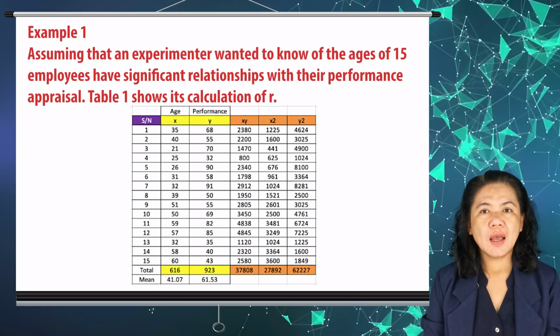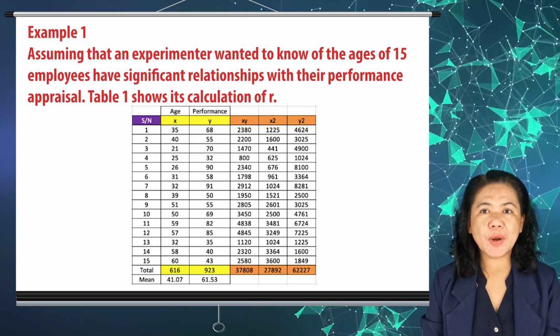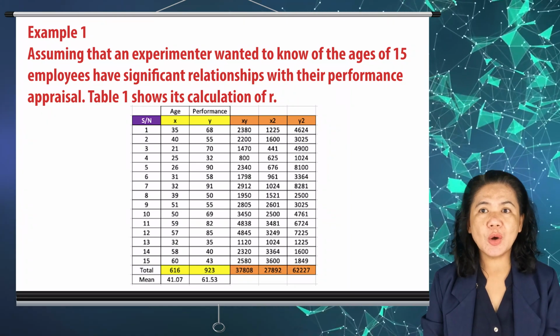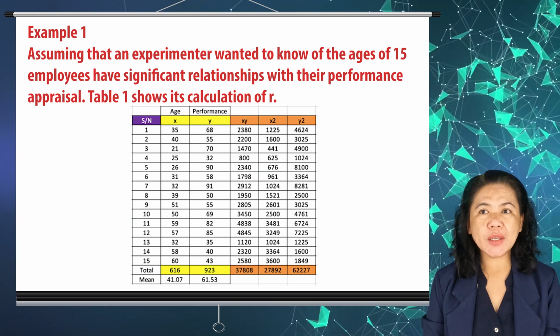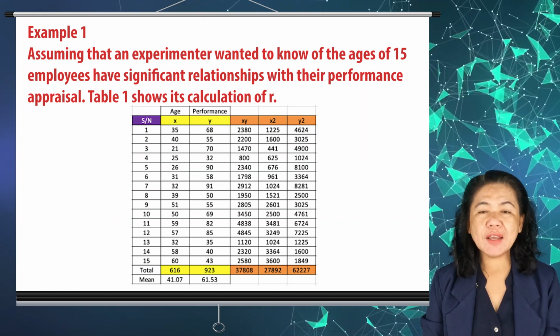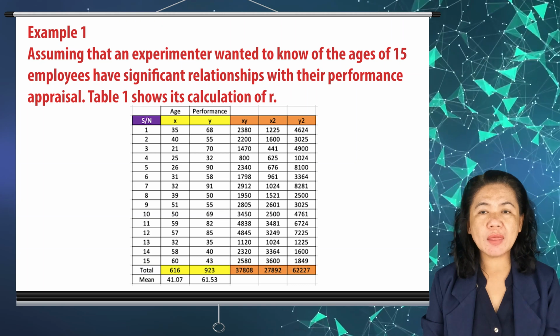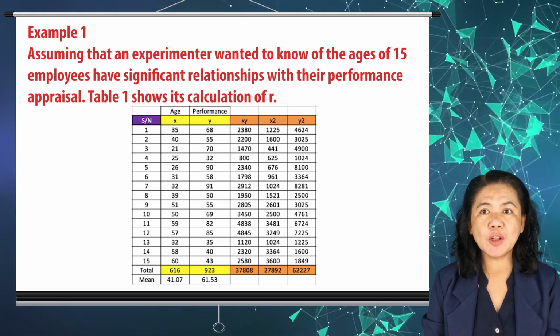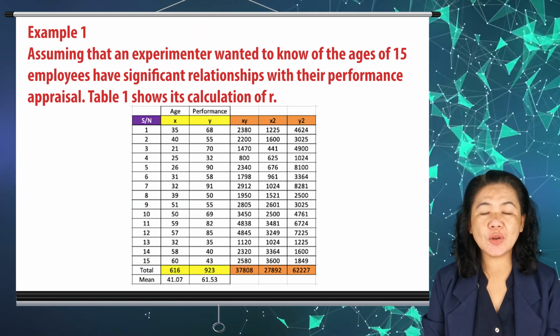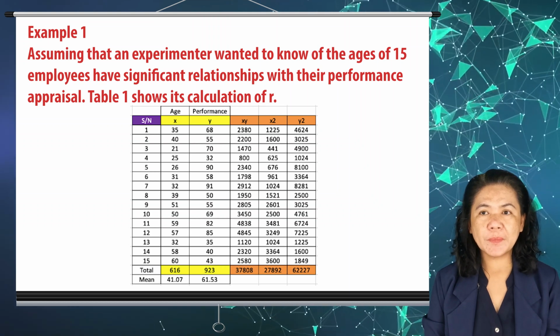Example 1. Assuming that an experimenter wanted to know if the ages of 15 employees have a significant relationship with their performance appraisal. Table 1 shows the calculation of r.